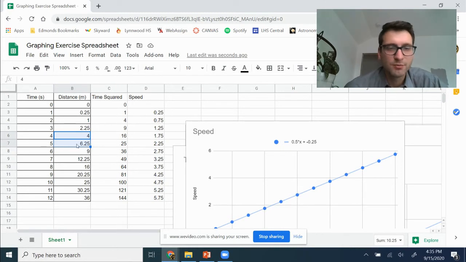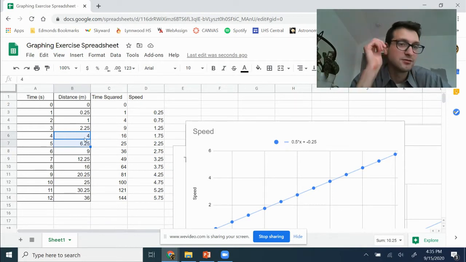So its speed would be about 2.25 meters per second, because it went from 4 to 6.25. That's 2.25 meters in 1 second. So that's how you find the instantaneous speed right at 5 seconds.